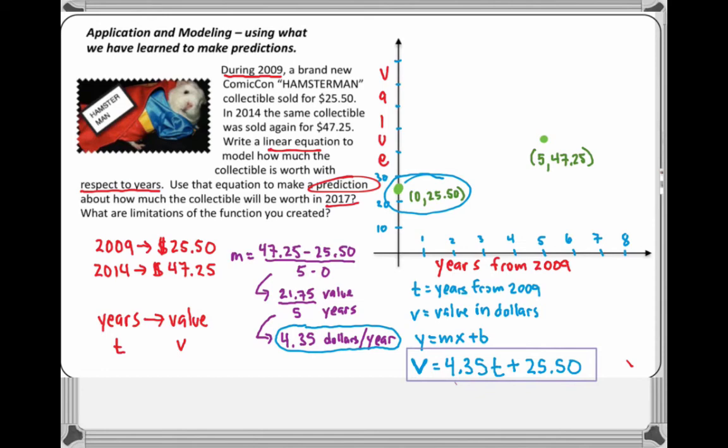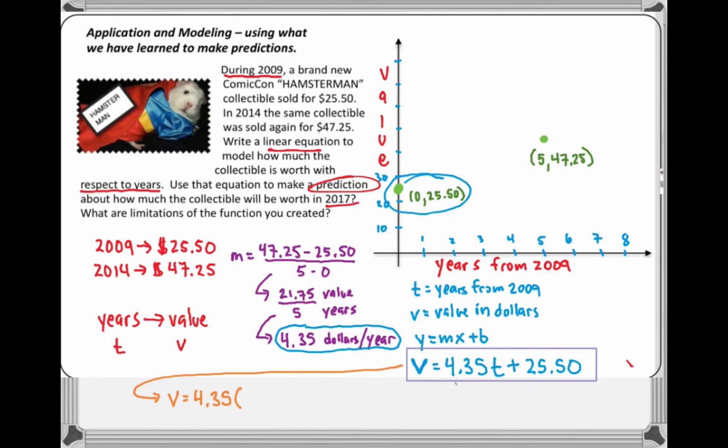Now the next thing that it asks is to use that to make a prediction about what's going to be in 2017. So what we can do is say the value, whatever that is, equals $4.35 times the years from 2009.